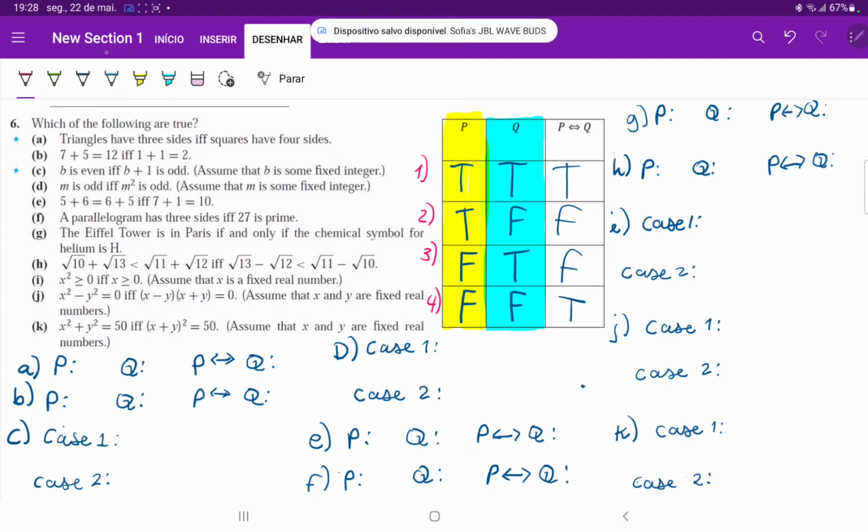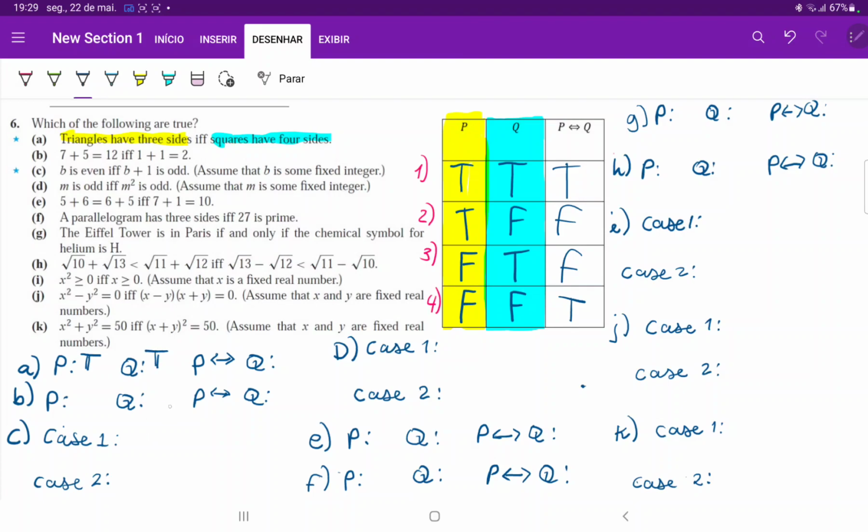Okay, so let's begin with item A, where P is the statement triangles have 3 sides, and Q is the statement squares have 4 sides. And let's decide the truth values of these. So P is true, right? So we're going to put true here for A. P is true because triangles do have 3 sides, and then Q is also true because squares do have 4 sides.